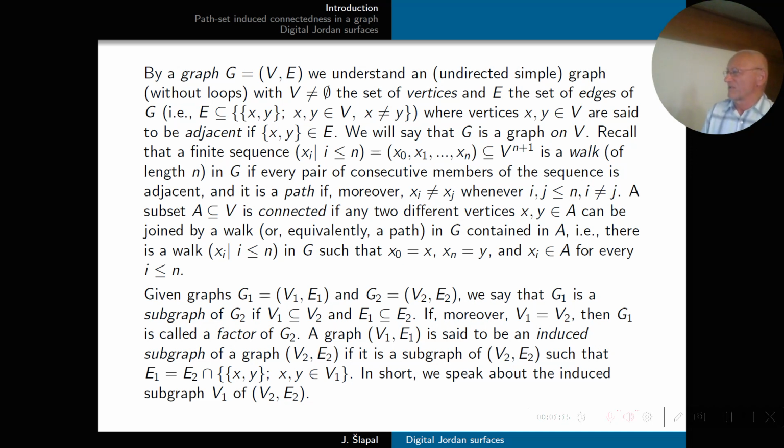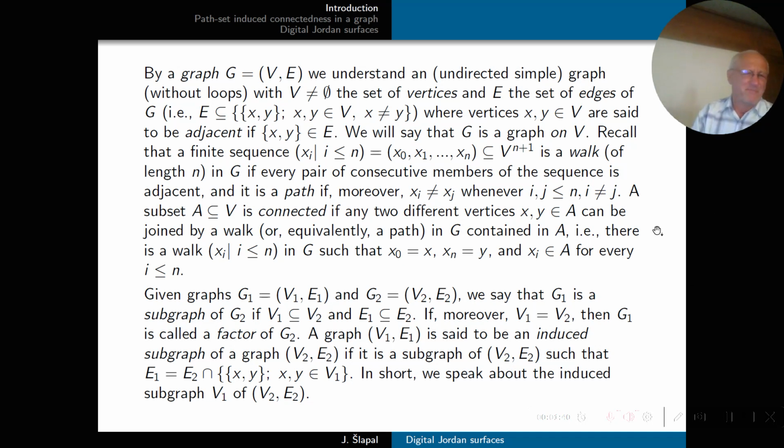For this reason, a topological approach was proposed which uses only one structure, the so-called Khalimsky topology. It allows us to define Jordan surfaces. And I would like to propose another way how to define convenient Jordan surfaces, namely by using graphs.